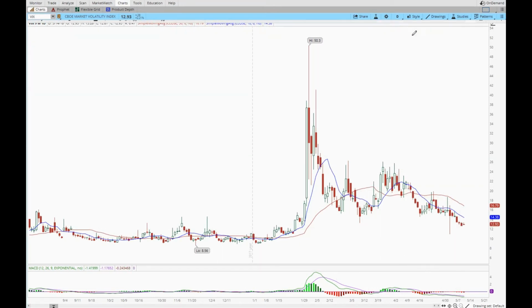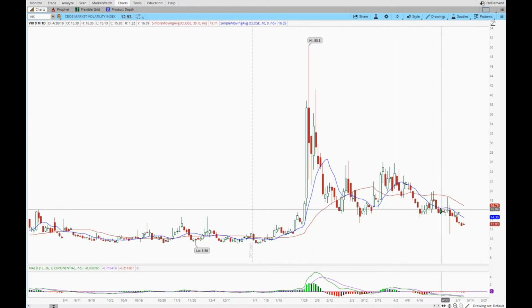VIX, on the other hand, keeps moving down. This is the daily chart on VIX, and it moved up a little bit today, but not too much. It was only 2.21% to the upside, so it's still below the 13 dollars level at 12.93. So it went up 0.28% to the upside.